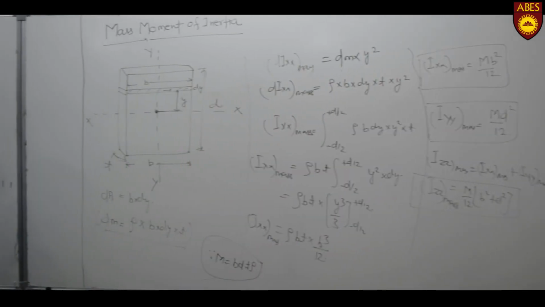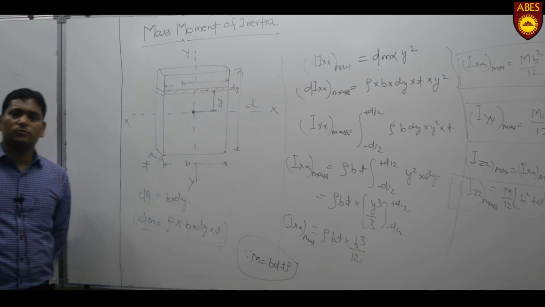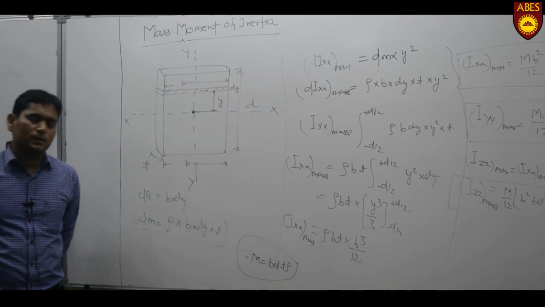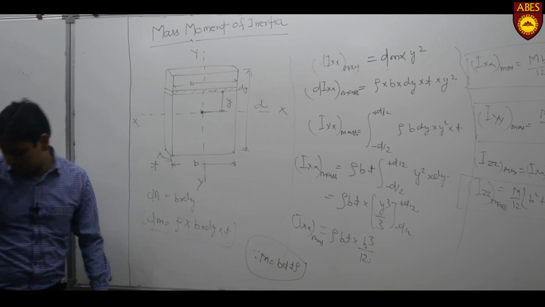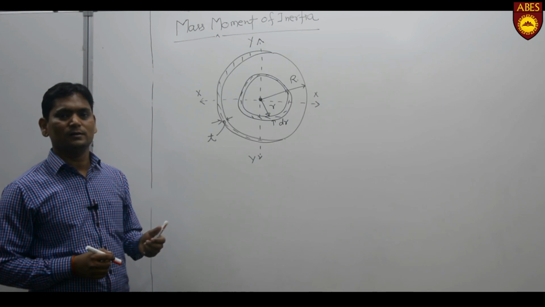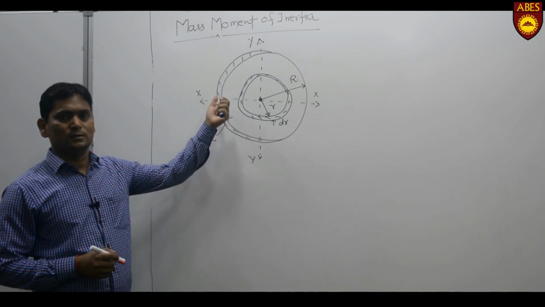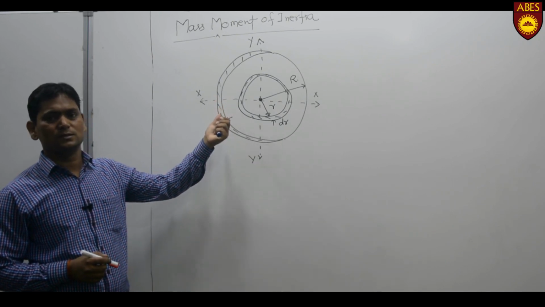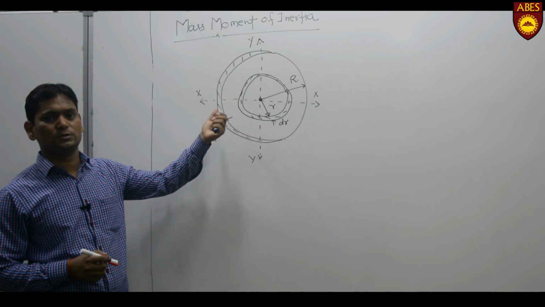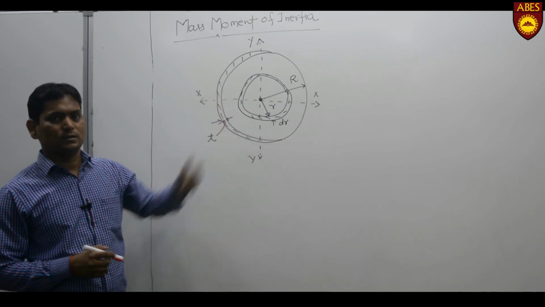Now next, we will discuss the mass moment of inertia of a circular plate, a disc, about the centroidal axis. We will calculate the mass moment of inertia of a solid circular plate about the x axis, y axis and z axis.